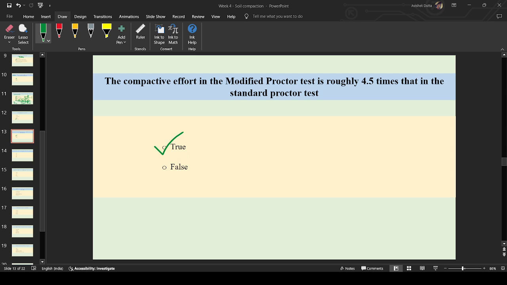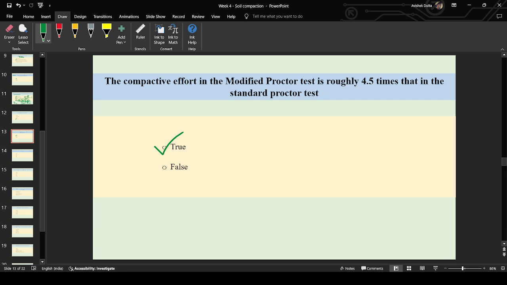Around 2700 kilojoule per meter cube in the modified Proctor test. In the standard Proctor test, around 597 something. As I have written, you are right, you are nearby.